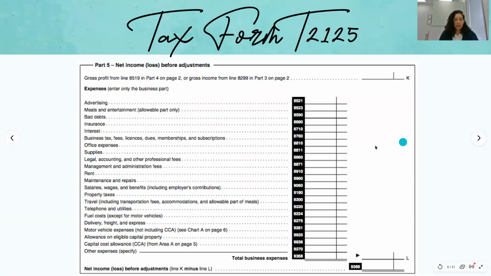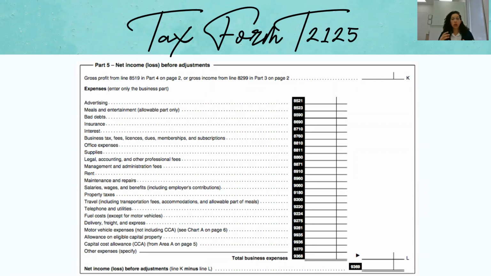So there's some in here that I didn't have listed in the other, which is your capital costs. Your capital costs are anything that you've purchased. Like if you purchased a machine, you aren't able to write off the full amount of that machine in 1 year. It's 20% per year. So you do need to calculate that separately.